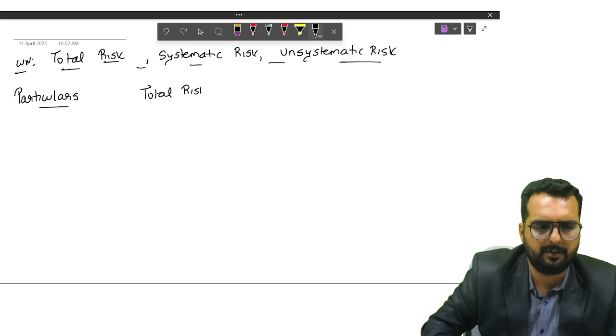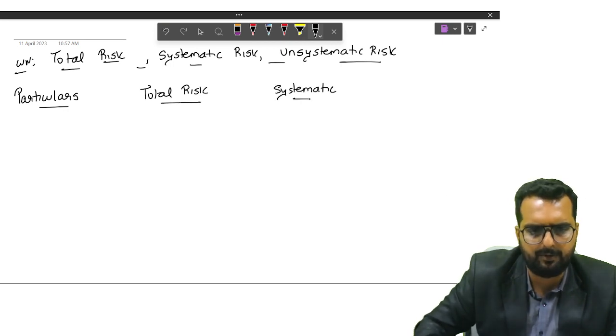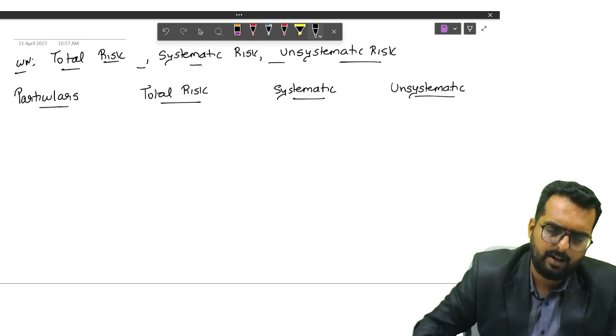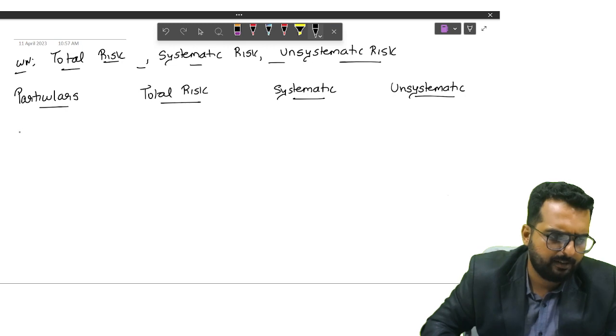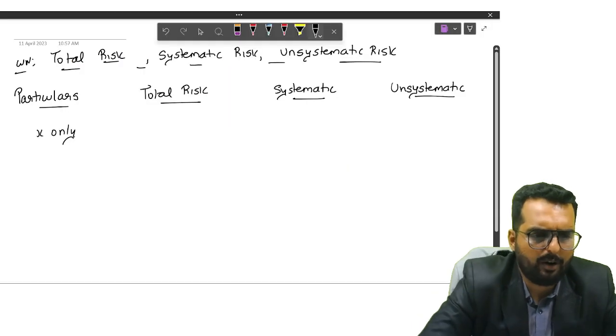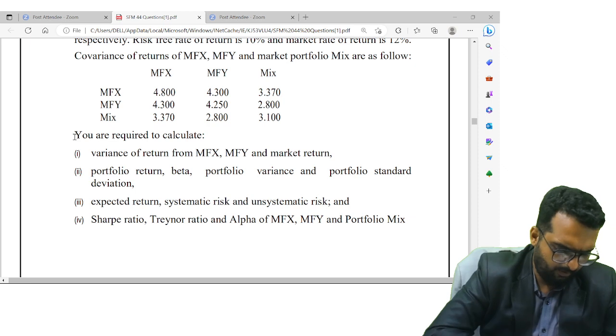You have total risk. From this, you are supposed to find out systematic risk. And the last one is called unsystematic risk. So first one, you will have what? X only. When you talk about X only, we have already got the total variance of X also. Total risk of X we have already found out, correct?